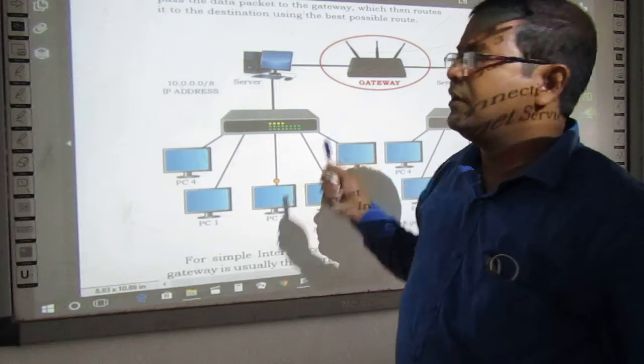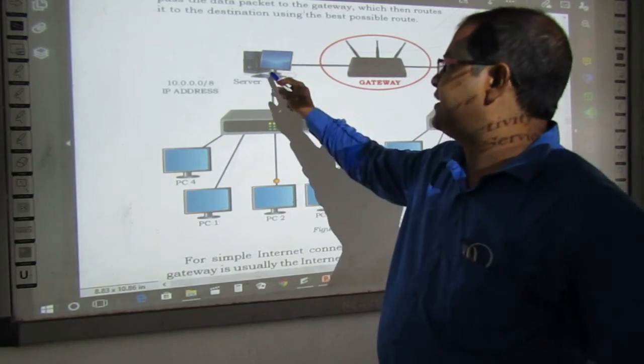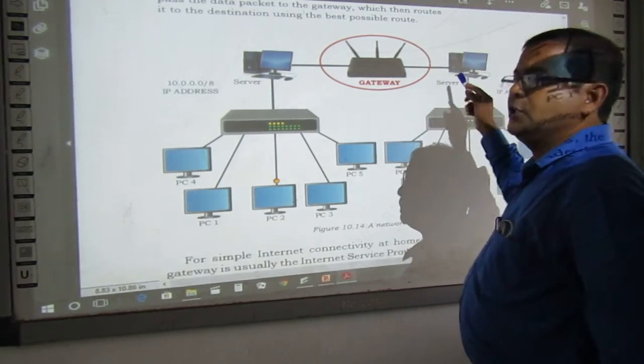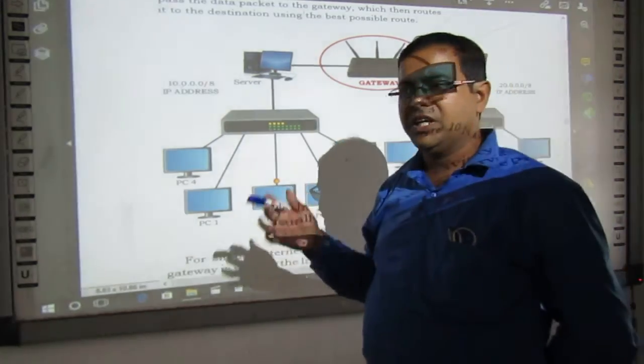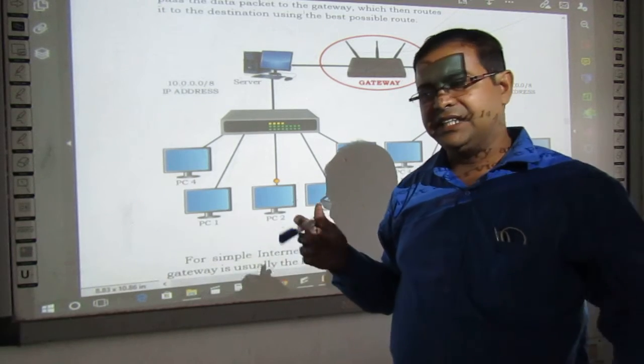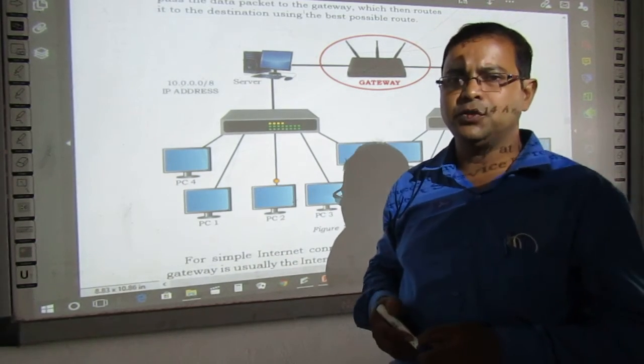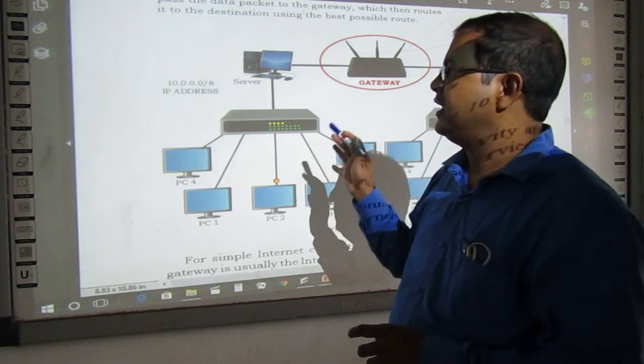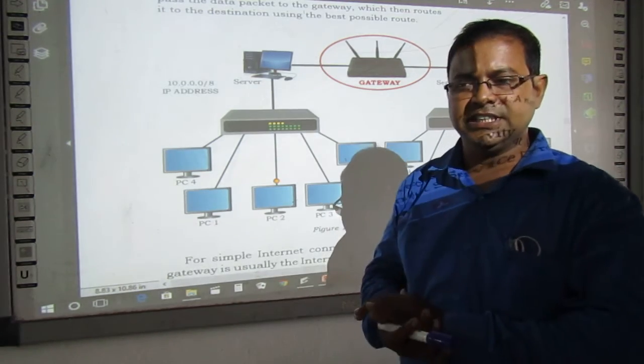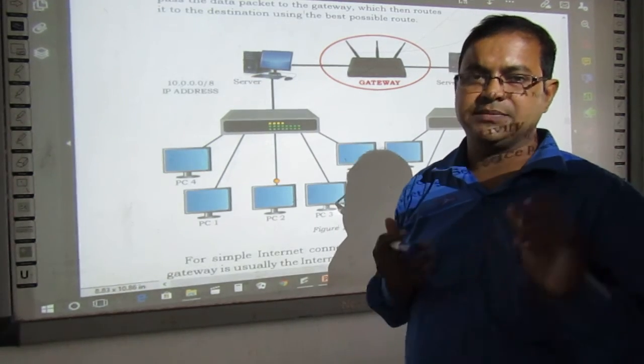Whenever one computer interacts with another device which has a different operating system, different platform, different software, different hardware, it is very difficult to communicate. But a gateway is such a thing which can solve this problem.